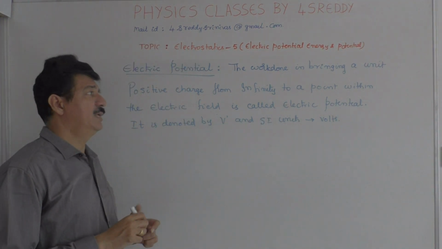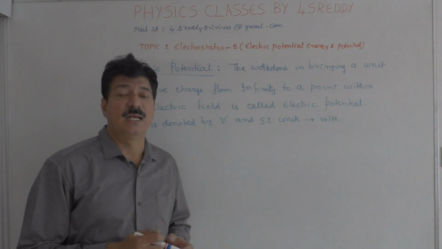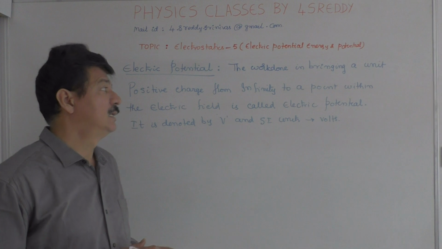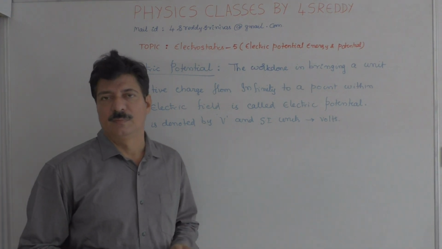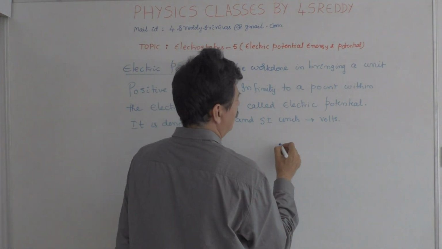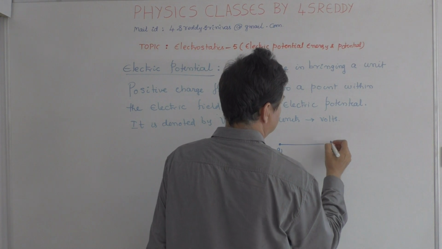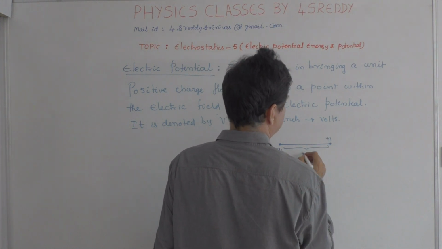The work done in bringing a unit positive charge from infinity to a point in the electric field is called as electric potential. That means, for example, if you consider this is a charge Q, now here is a unit positive charge kept at a distance.